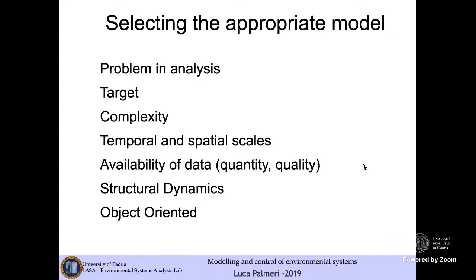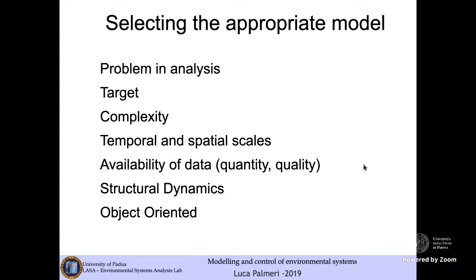There are different models, some more complex than others. You may increase arbitrarily the complexity of a model. The problem is that as you increase the complexity of your model, you will need more computing power in order to solve your equations, your differential equations.